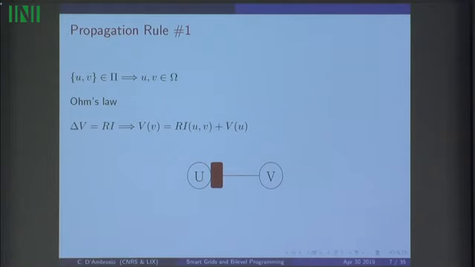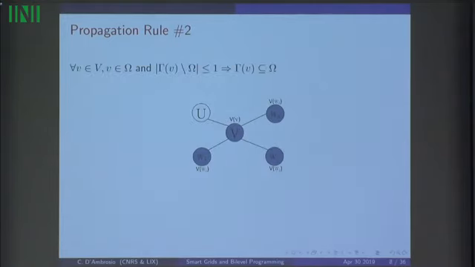But thanks to Ohm's law, we can also reconstruct the voltage of the other node of the edge. Clear so far? So if we have a PMU here, we know the voltage at the node and the current at the edge, and then we can compute the voltage at the other node.